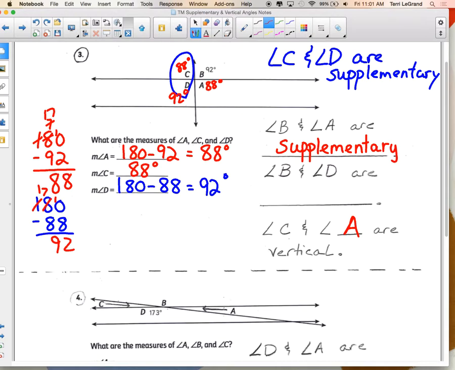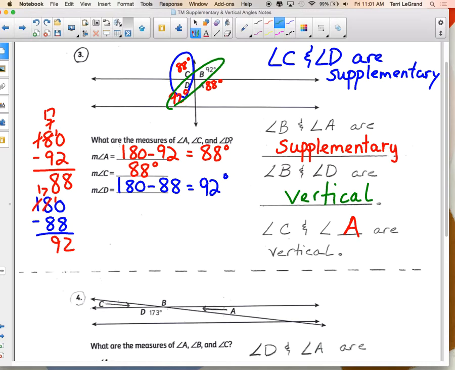Okay, does anybody else have a suggestion for us? Because I actually have something over here. Let's look at the relationship between B and D. What relationship do B and D have? They are vertical angles, aren't they? So we could have used that relationship. We only need one relationship to find the missing piece.